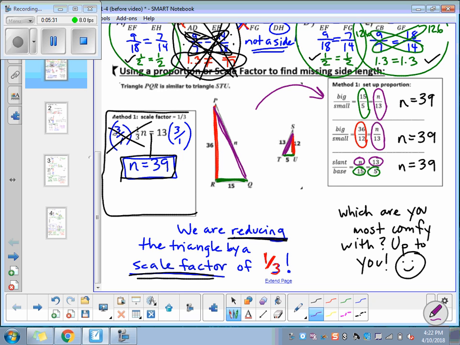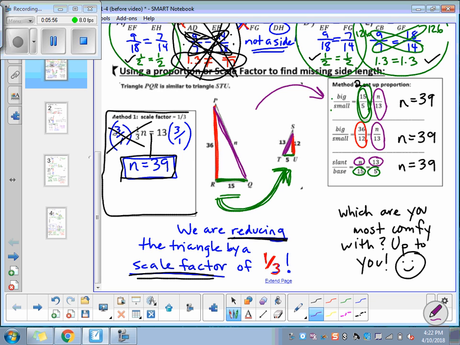And now you can figure out, with this in method 2, which one of these proportions makes most sense to you. All right, I'm going to start with a common one. A lot of people see that 15 to 5, you're matching up green to green, 15 to 5. You're going from the bigger triangle to the smaller one, and that's what we're comparing there, big to small.